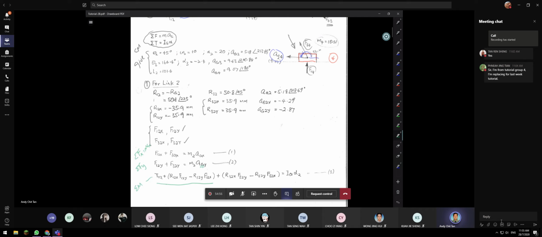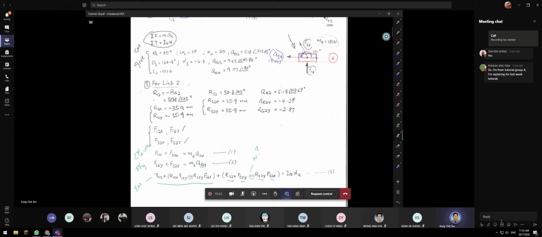Same thing for 32: R32x, F32y, and then minus R32y, F32x. So there's a minus sign here. I have no time to derive the equation. I think your lecturer may have derived the equation for you and also shown you why this is minus. I'm not going to explain, otherwise we have no time.